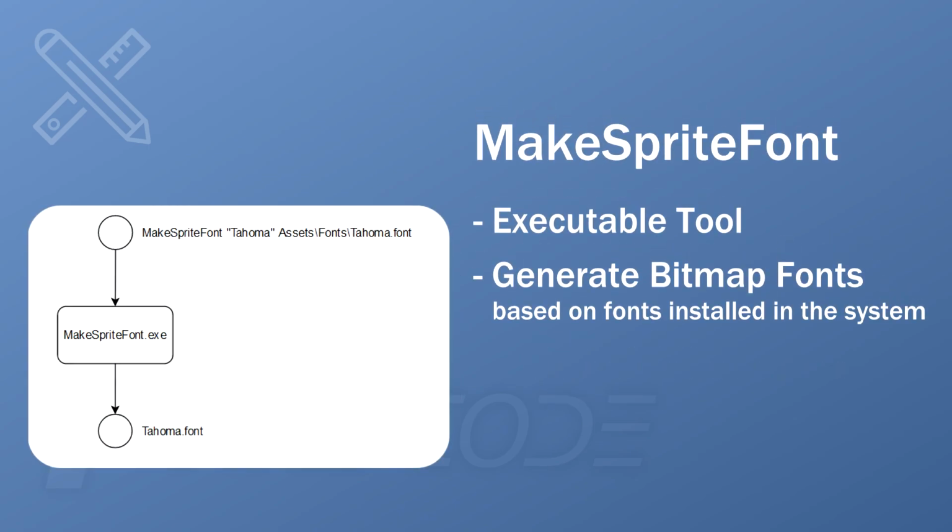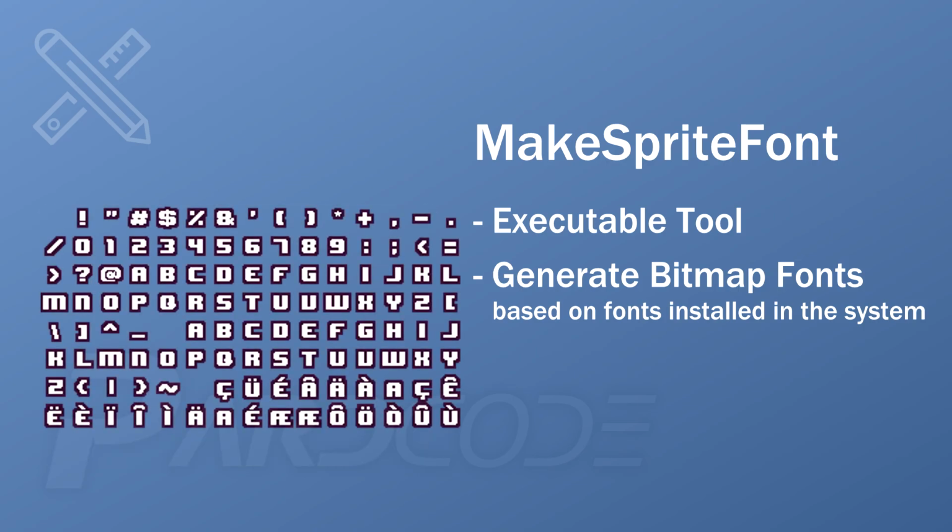The DirectX Toolkit provides another important executable tool called MakeSpriteFont that, given as input the name of a font installed in the system and other various parameters like font size and so on, provides us as output the bitmap font like the one we can see on the screen.